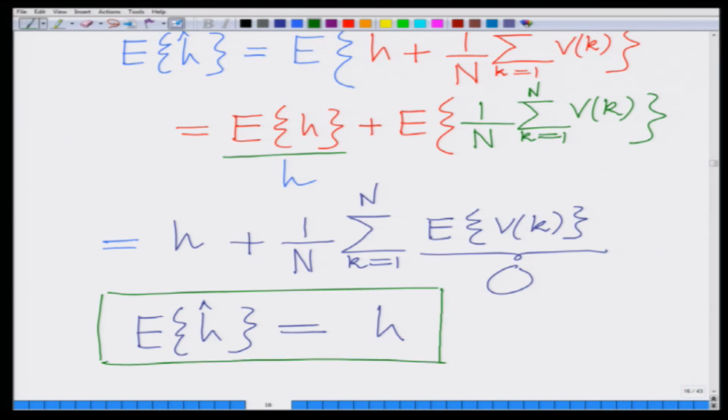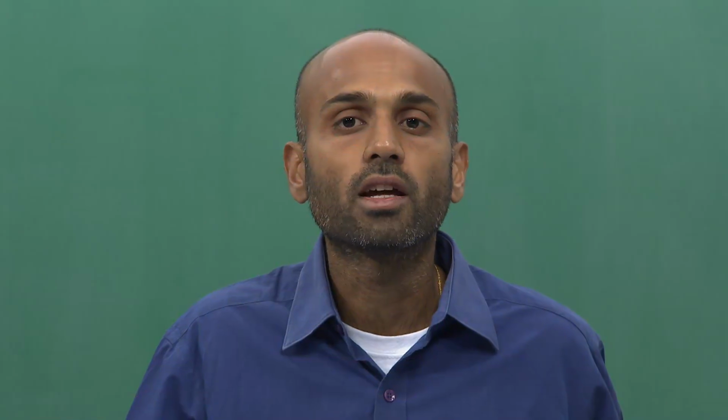Even though your estimate h hat is random in nature, that is h hat is not necessarily always equal to h, it exhibits a very important property, and the property is that on an average, if you look at expected value of h hat, that is the average of h hat, it is basically equal to the true parameter h.